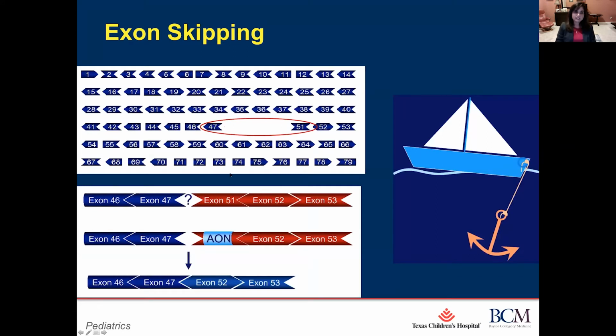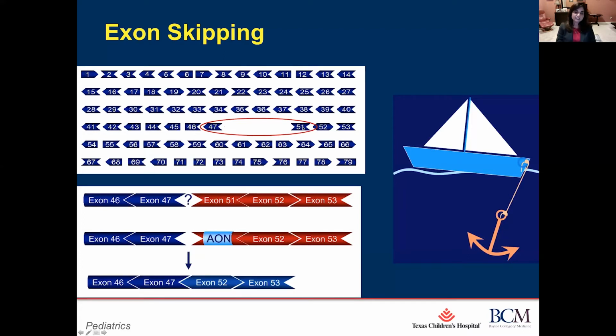So what does exon skipping mean? As I mentioned before, a patient who has an out-of-frame mutation, so this one missing 48 to 50, is not going to fit to 51, so it causes a premature stop codon. If we skip 51 by using ASO, which is an antisense oligonucleotide, these are synthetic RNA pieces which attach to the specific exon which we are targeting.